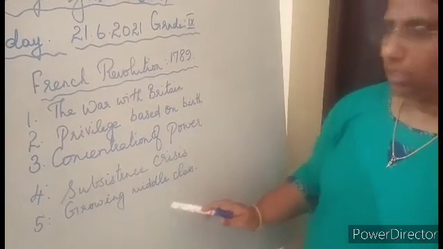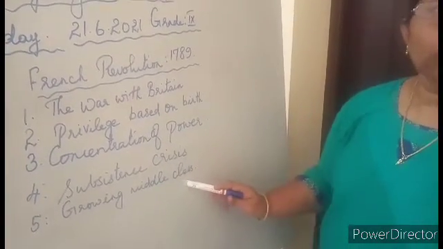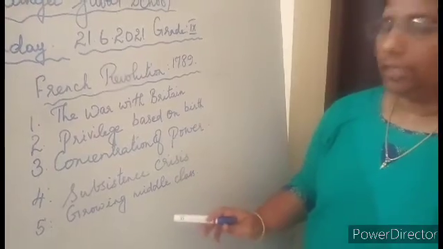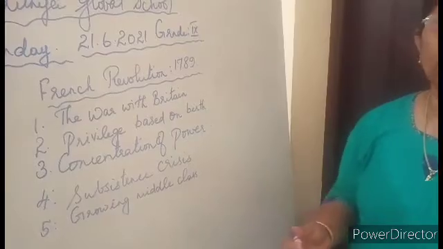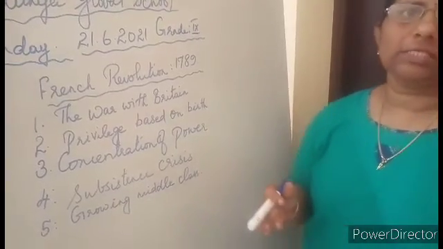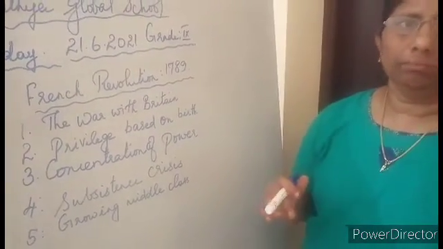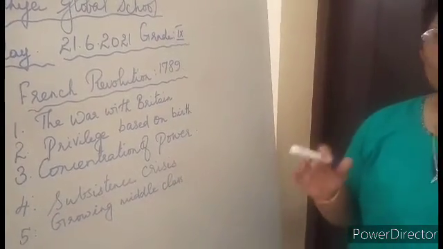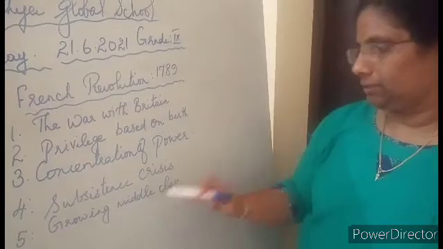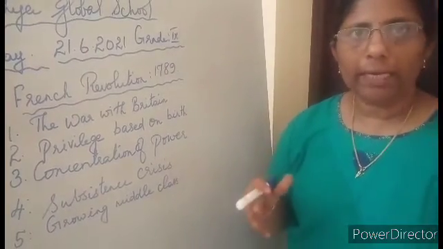The last one, growing middle class. Growing middle class means these middle class people became financially sound through overseas trade. Then they invested this money in business, merchants, etc. As a result, they invested their money in education.